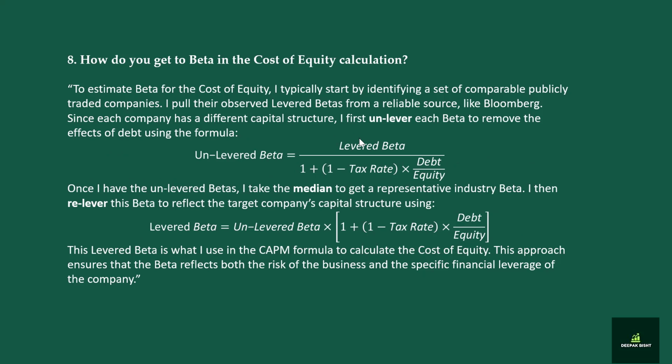So if you talk about beta, beta is actually your stock's, your company's sensitivity to the market. If the markets are doing good and your stock is doing good, the beta will represent the correlation between your stock and the market.